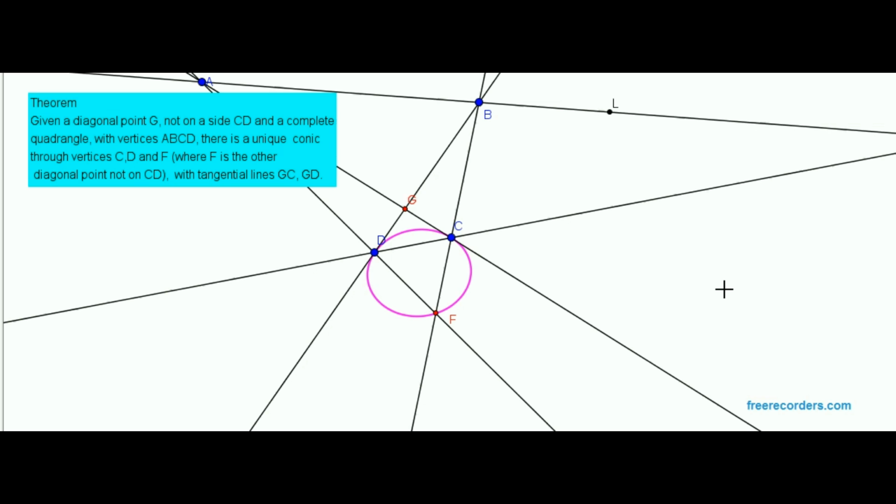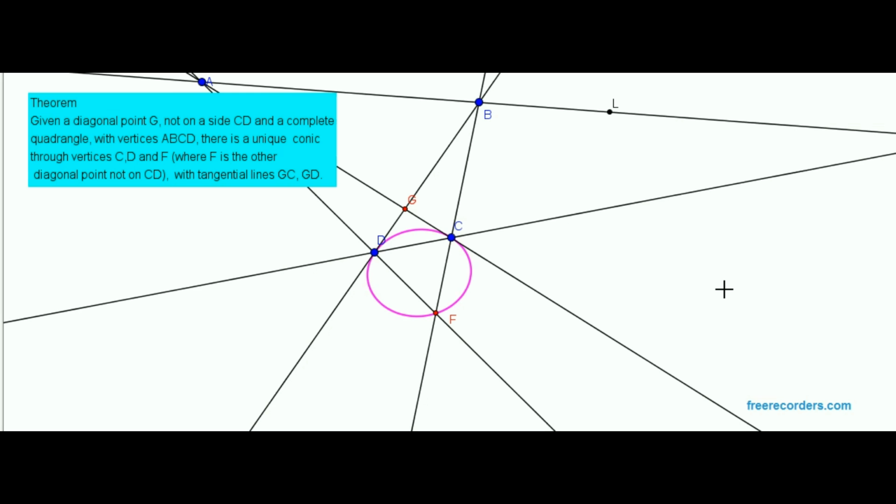So what we want to do here is we have a complete quadrangle with vertices A, B, C, D, and we have these two diagonal points G and F, which are not on the line CD, and we want our conic to pass through C, D and F, and we want GC and GD to be tangents to our conic.